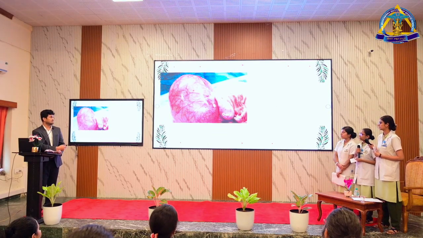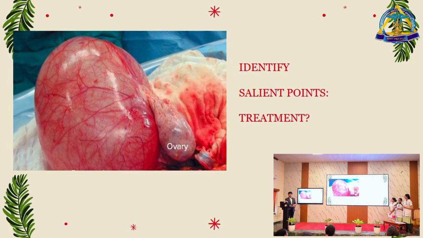And what is this one? This is not hydrosalpinx. Para-ovarian cyst. Yeah, what is a para-ovarian cyst? How do you diagnose the para-ovarian cyst? The ovary is seen separately, and you can see the vessels are crisscrossing.